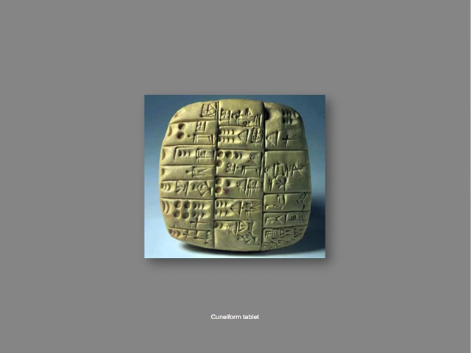The pictographs developed into a sort of script known as cuneiform, and cuneiform used pictures or forms that represented words. And this developed later into a more abstract writing, and the word cuneiform comes from the impression, the wedge-shaped impression that the stylus left in the clay.